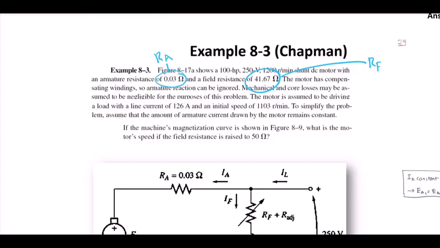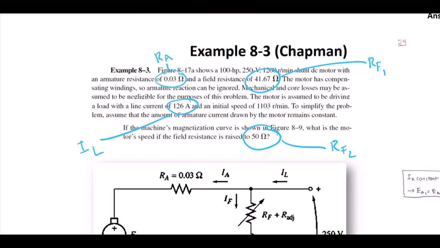However, we've got two of them, the first condition and the second one, so we call them RF1 and RF2 respectively.